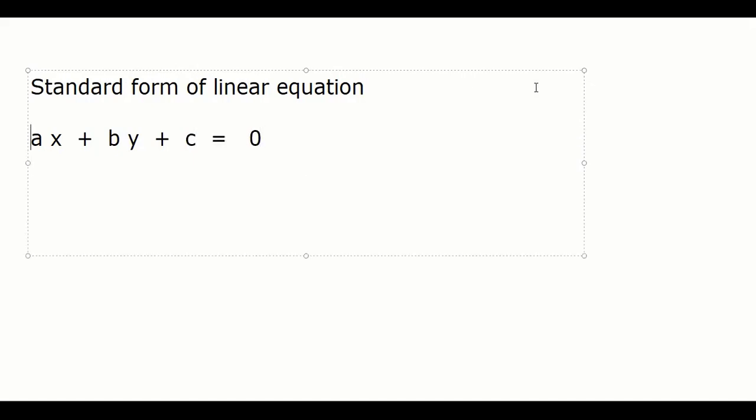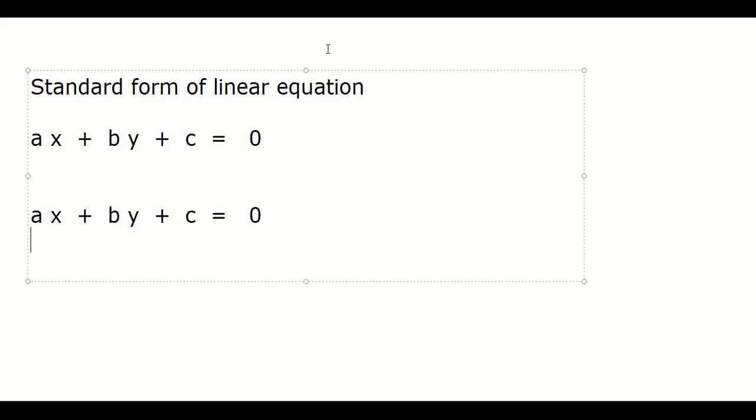I'll copy this and put 1, 2 later. It's a very important thing. a1x plus b1y plus c1 equal to 0, a2x plus b2y plus c2 equal to 0. This is the standard form of linear equation.